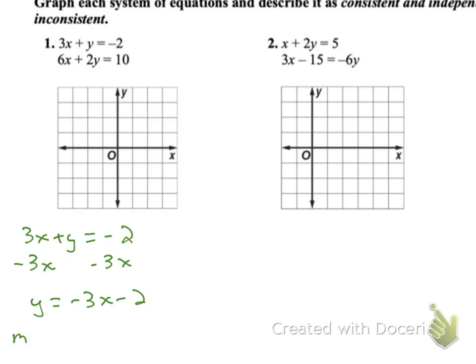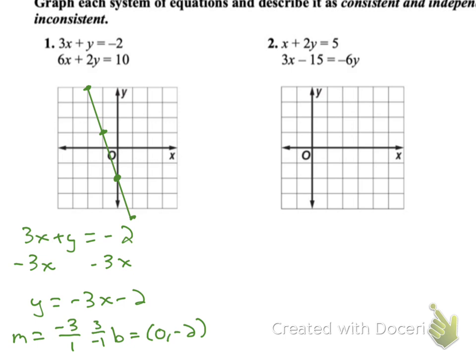My slope is -3 over 1, and the y-intercept is (0, -2). Down 3, right 1 would be off the graph, so I also need to go up 3, left 1 to get that first line.